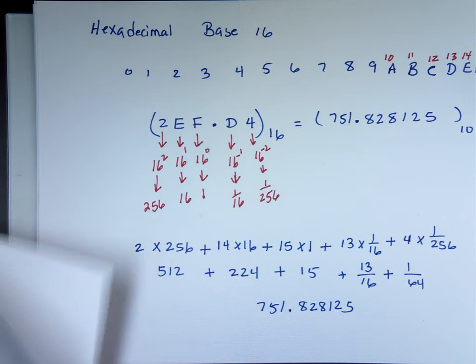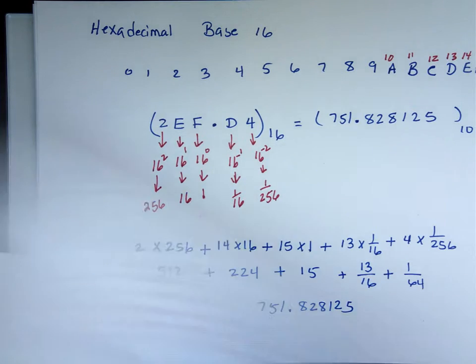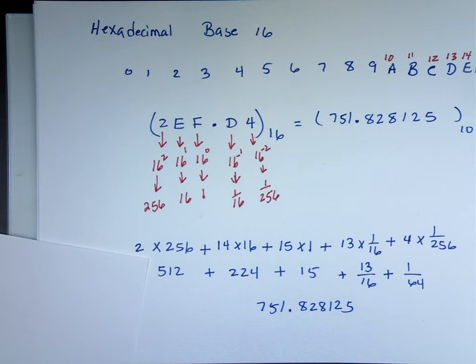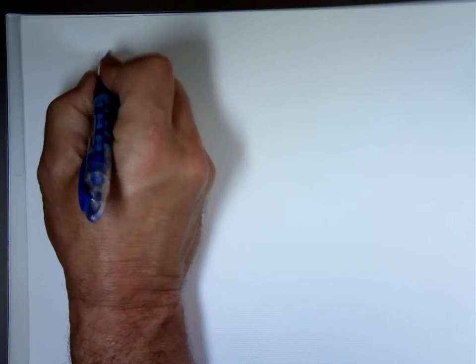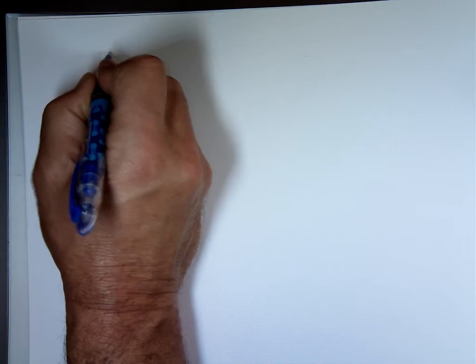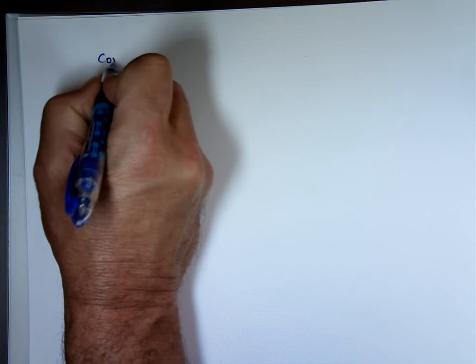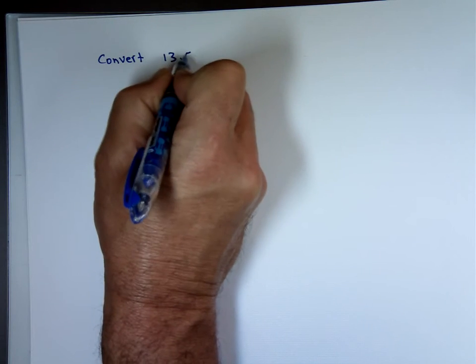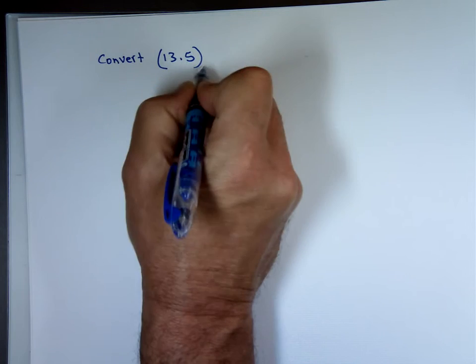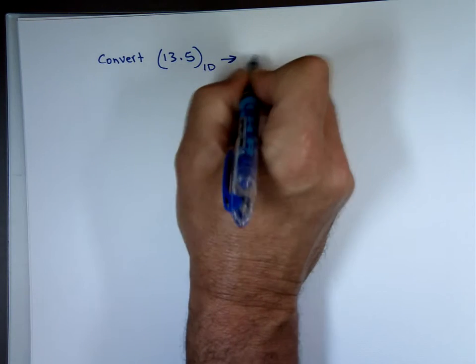I say, you know what? I want to convert these. I'm going to take the problem backward. Remember this problem, 13.5? And I want you to change it to binary. How do you convert 13.5 from base 10 to binary, base 2?